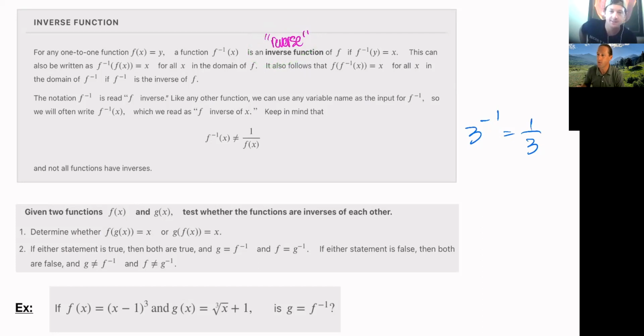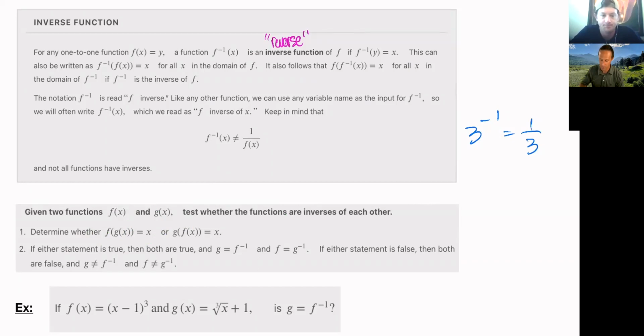They'll undo one another. So whether we plug in the f and then the g, or the g and then the f, if they're inverses, they will undo each other, and whatever we put in, that's what we'll get out. Unfortunately, though, you do have to test both directions to ensure that they are indeed inverses of each other.